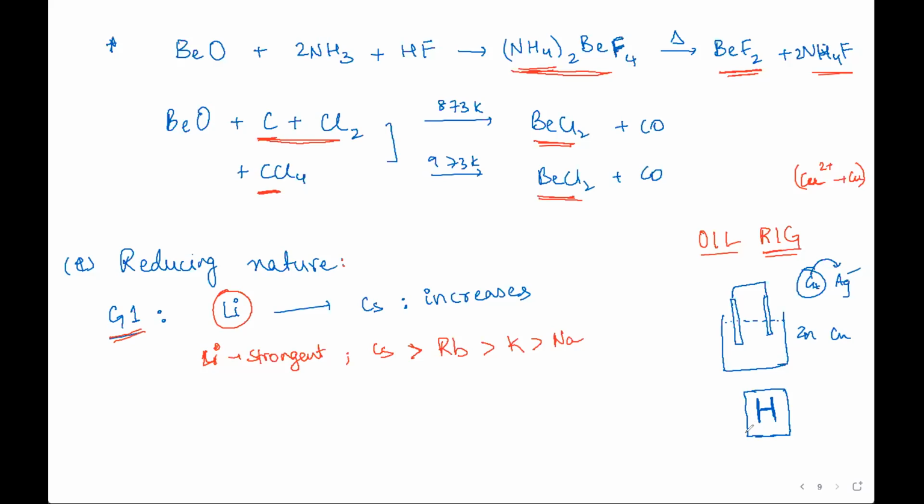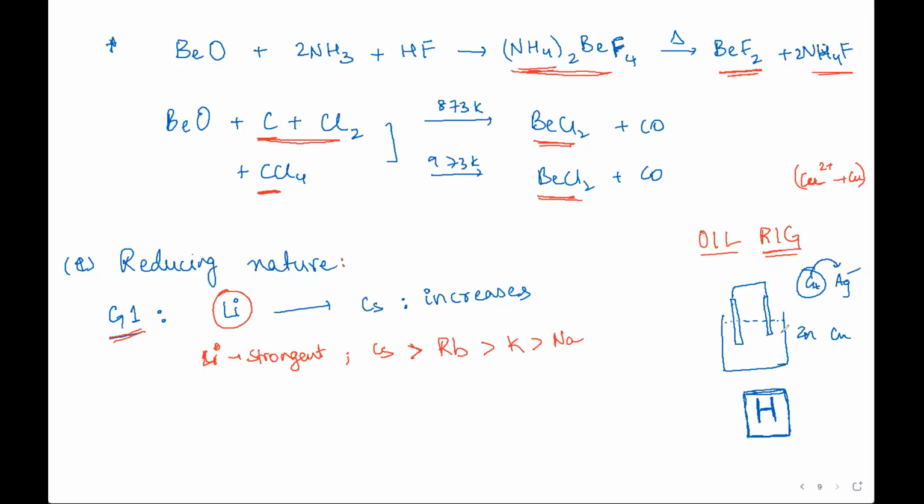So compare any metal with hydrogen. If it is easier for that metal to give away electrons, then it is a stronger reducing agent. And this is quantitatively measured.